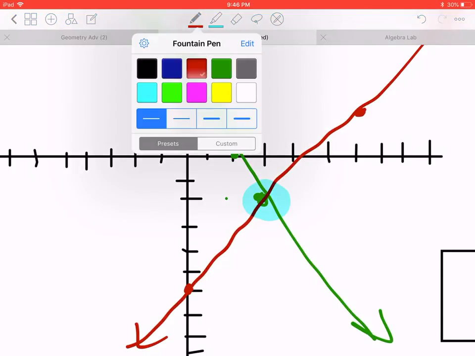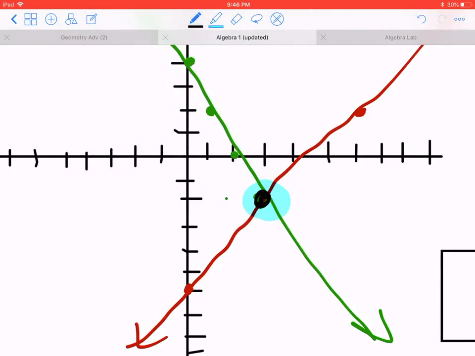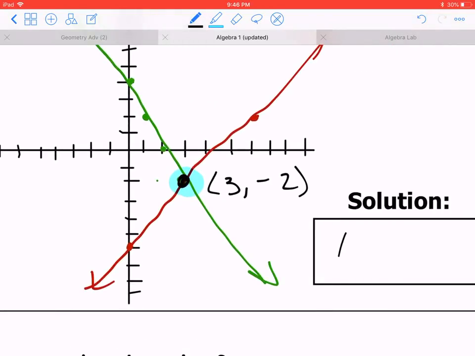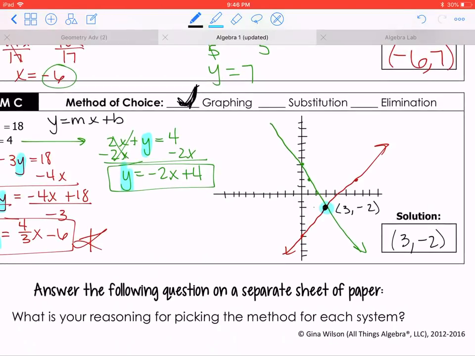So it is this point in the middle here, which is at 3, -2. So my solution to my system is 3, comma, negative 2. And if you ever couldn't tell, but you were told you had to graph, you could always be graphing these and then checking it with substitution or elimination just to double check your work.